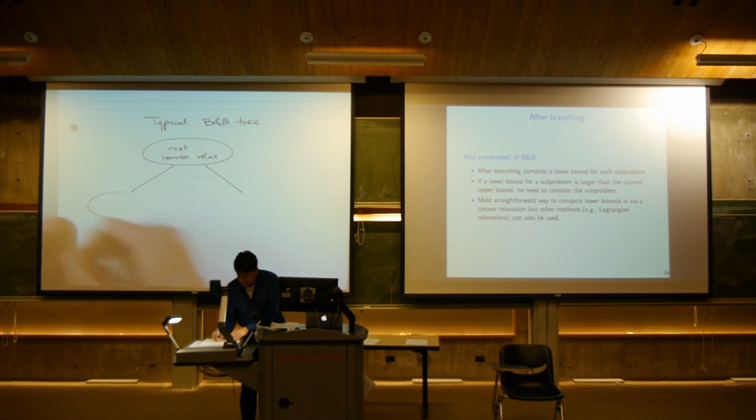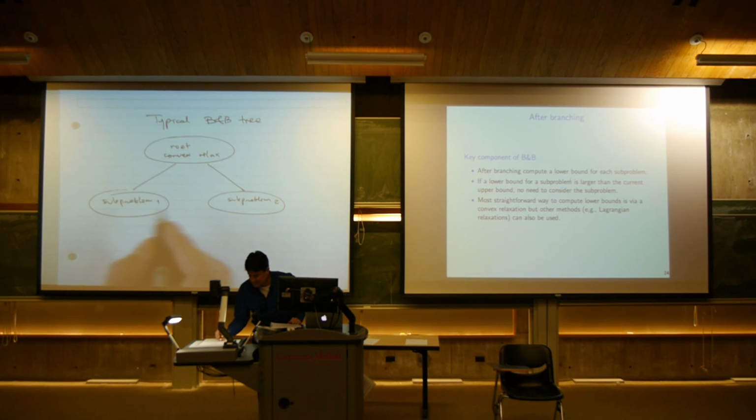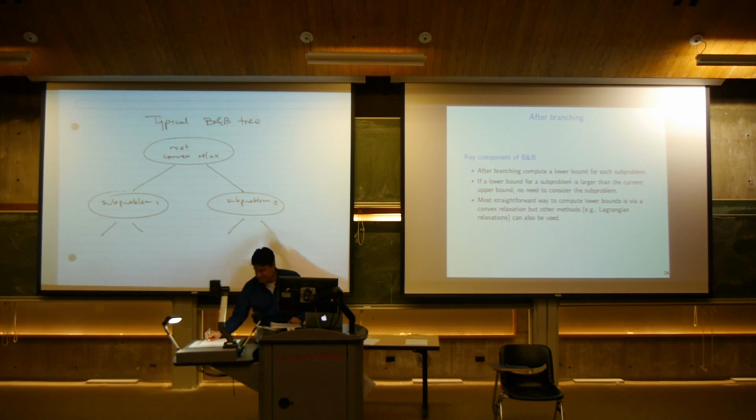Then we branch. So this is subproblem 1, subproblem 2, okay? And then in principle, we keep going recursively. If we were naive, this would just keep going on forever, right? Branch again, and branch again, and keep branching.